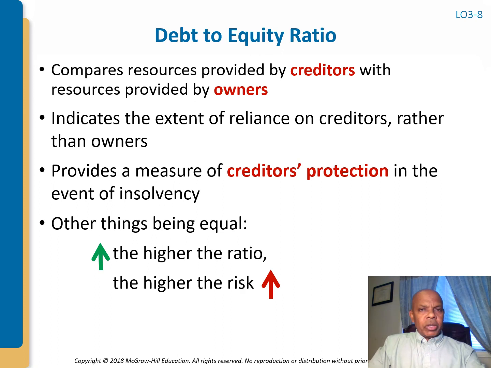Debt to equity ratio provides a measure of creditors' protection in the event of insolvency. Other things being equal, the higher the ratio, the higher the risk. If you have too much debt compared to equity, your risk is higher.